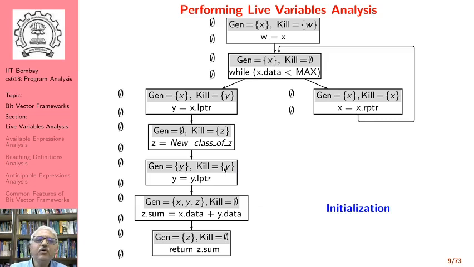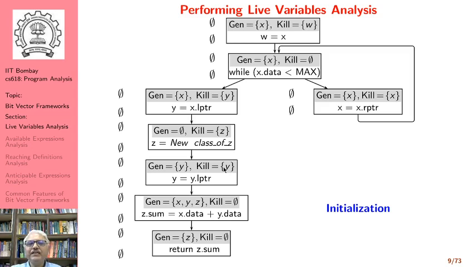Okay, so we begin with a certain initialization. We have to begin with a certain guess, a certain initial value, and we shall see later why this initial value of empty set is a good choice. For now, let's proceed with the initial value of empty set.